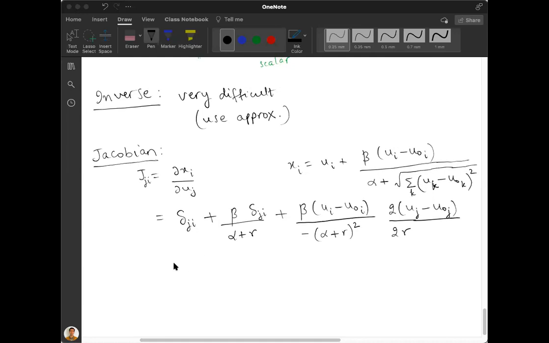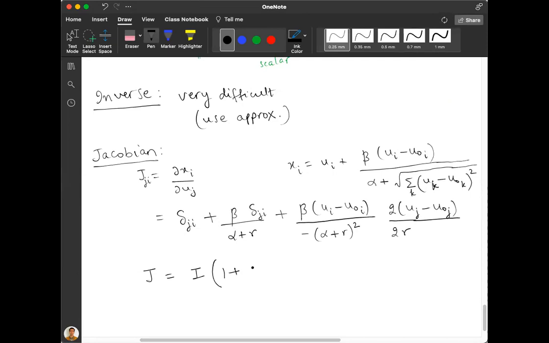Okay, so this becomes what? If I write it as a matrix, this thing is I. Let us take this as common: 1 plus, this is just a scalar, beta upon alpha plus r. Minus, sorry, minus beta times (u minus u_0), and the two cancelled, (u minus u_0) (u minus u_0), so this is J_ji.